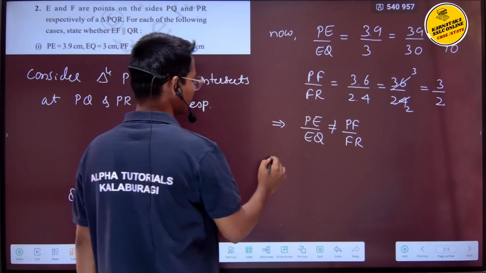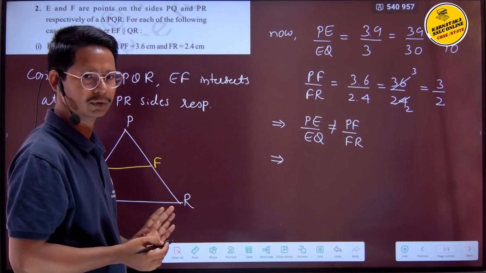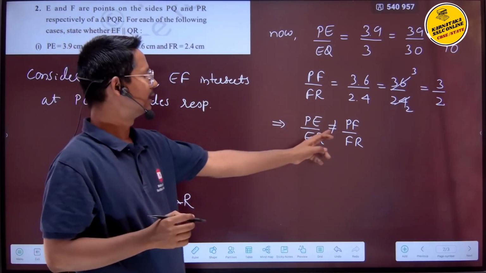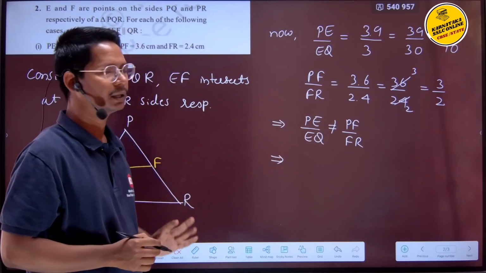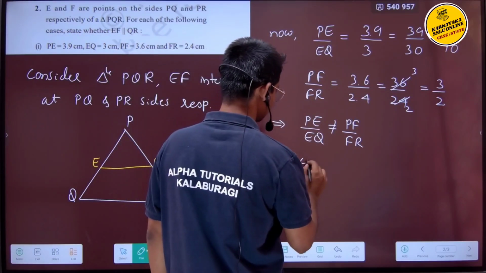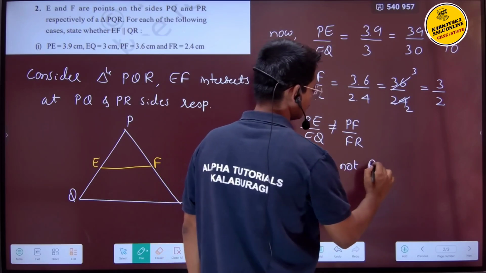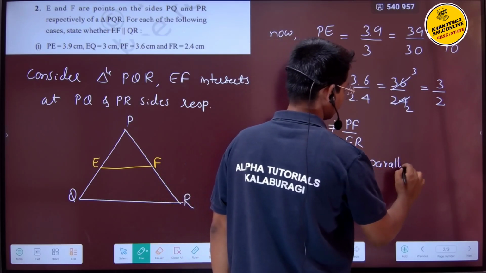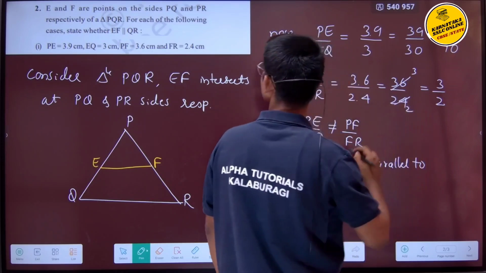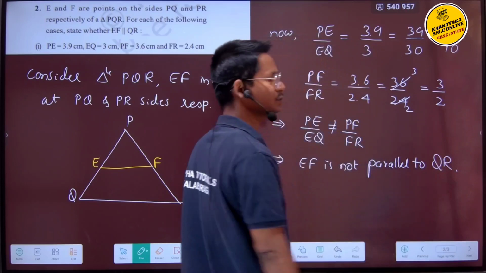When they are not equal, there is no need to make use of the converse of BPT. The converse of BPT you can use only when the ratios are equal. So here they are not equal, which means you can straightforwardly write that EF is not parallel to QR.